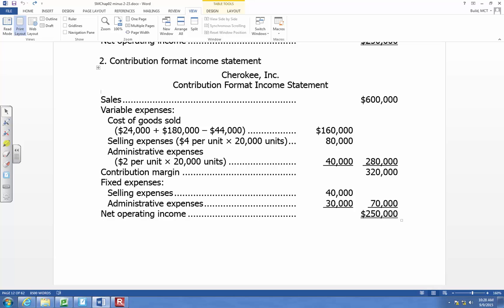So it remains the same per unit, and changes in total. Selling expenses variable, admin expenses variable, and then we've got our two sets of fixed expenses. This is a little simpler.